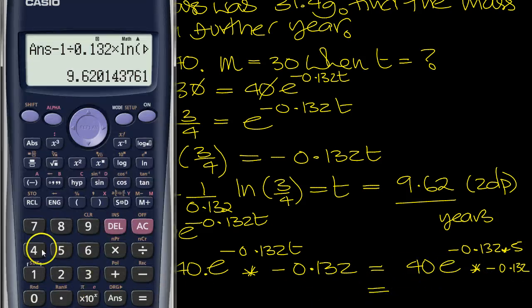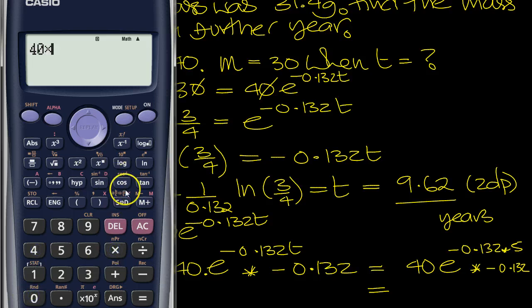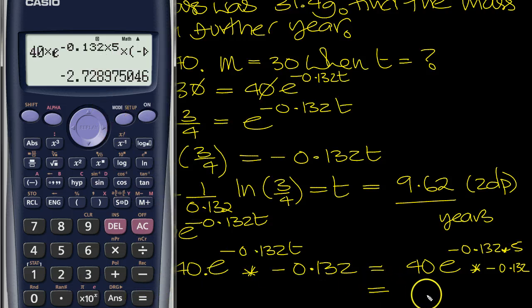Tap it in the calculator. 40 times the exponential of minus, let's just go back, put a minus in, 0.132 times 5 down to ground level times minus, so bracket negative 0.132, close that bracket, equals minus 2.7289, minus 2.73.